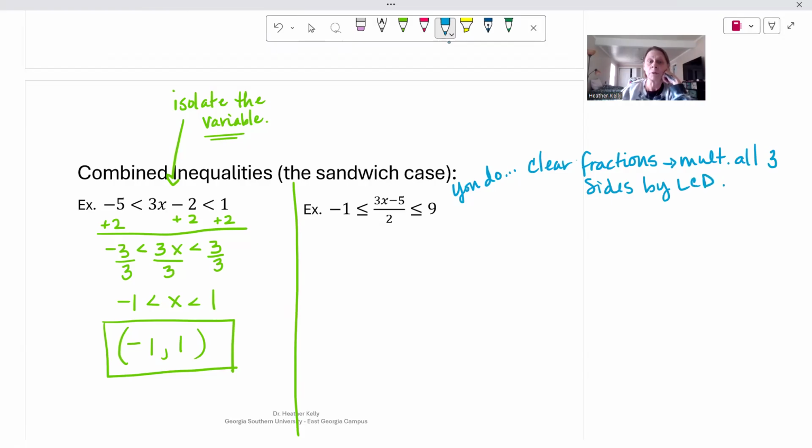And the LCD should be really easy to come up with because there's only one denominator, so there's only one option. I'm going to give you a couple minutes here.